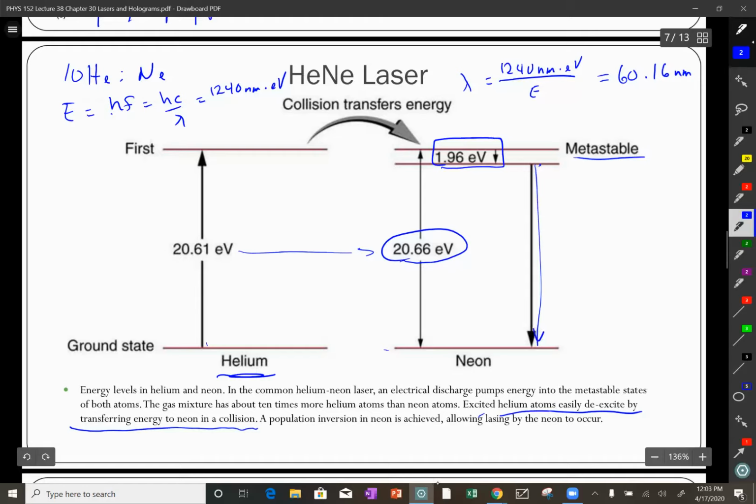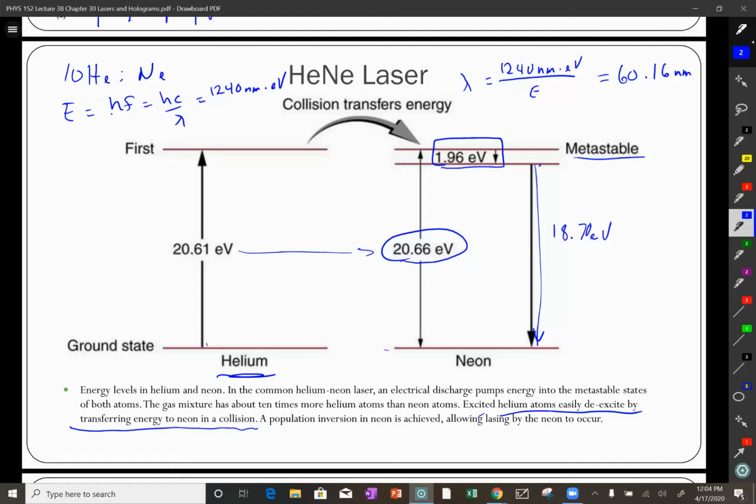So if you take 20.66 minus 1.96, that's 18.7 electron volts.